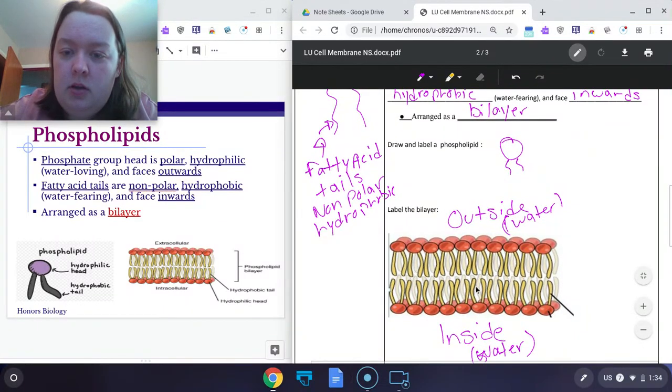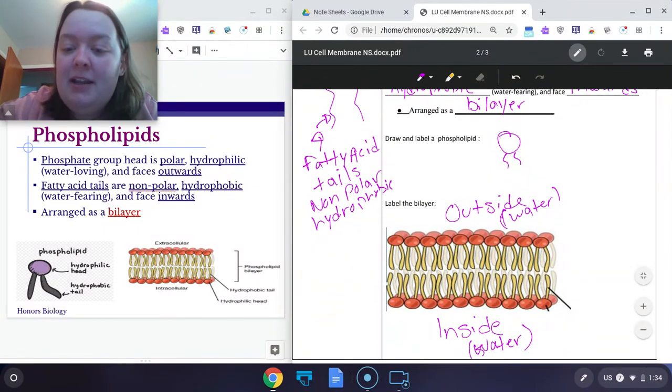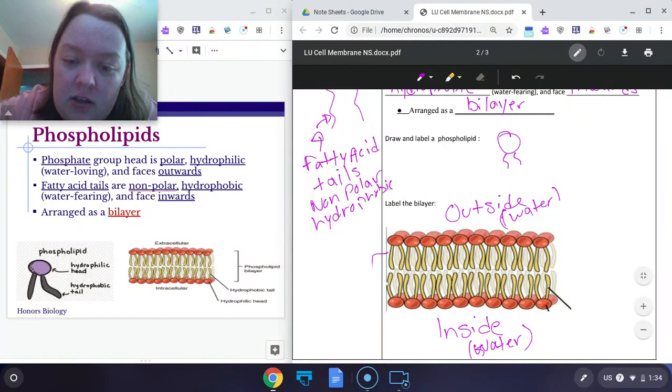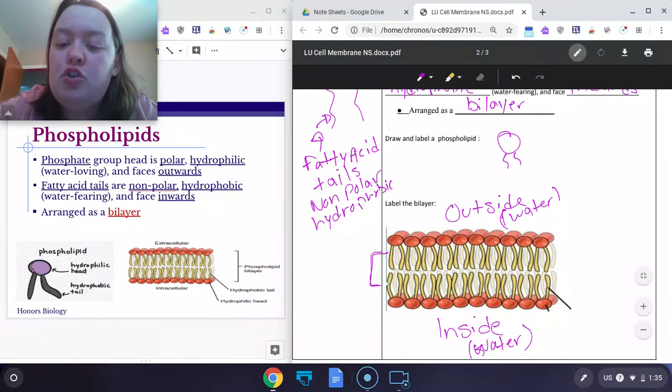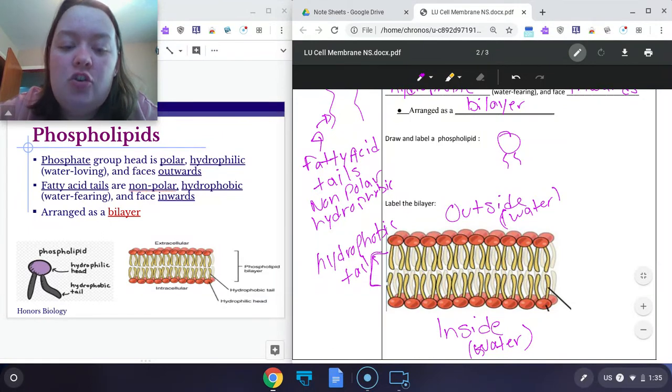If we go up, it's the heads. Therefore, in this bilayer, the heads are facing outside of the cell and inside of the cell, and the tails are conveniently located here in the middle to form the hydrophobic region because there's no water in the middle.